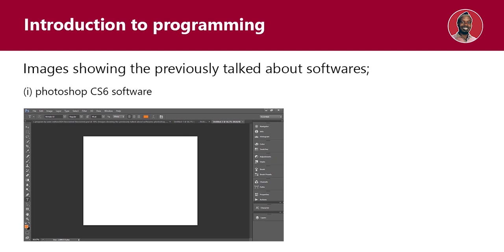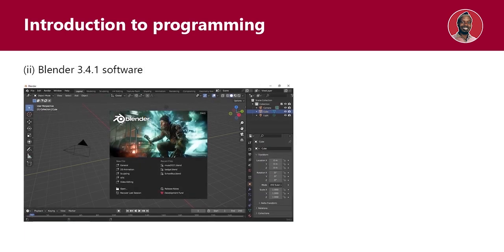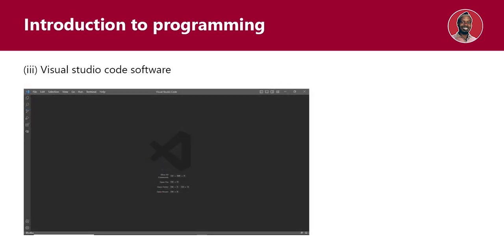Okay. So images showing the previously talked about software. So here I'm trying to give you a feel of how these softwares look like. Photoshop CS6 software looks like that. That's its interface. Then Blender 3.4.1 software looks like that. Then Visual Studio Code software looks like that.